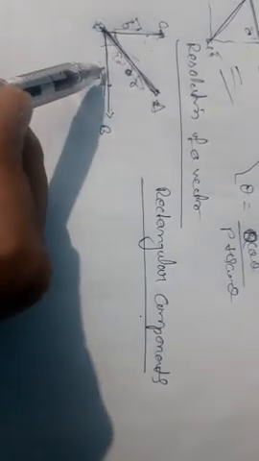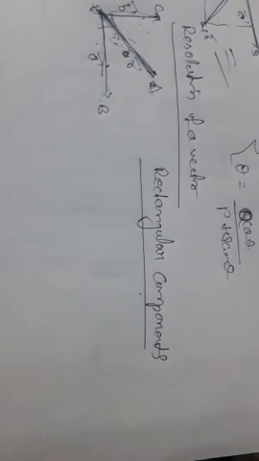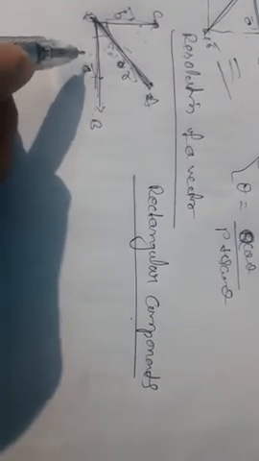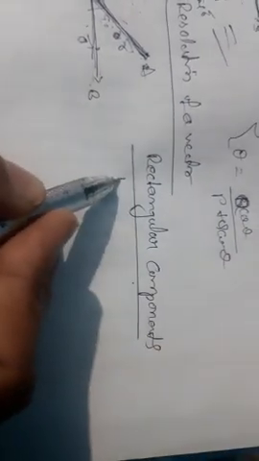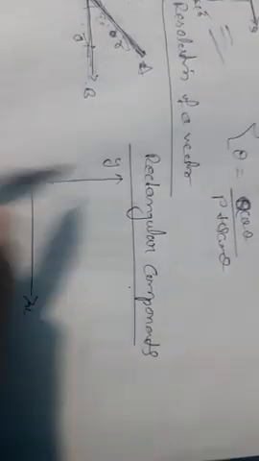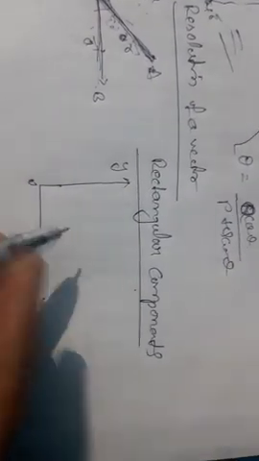These components are called rectangular components. How do we prove the resolution of a vector into rectangular components? The diagram shows the x direction and the y direction. This is the initial position of the body.